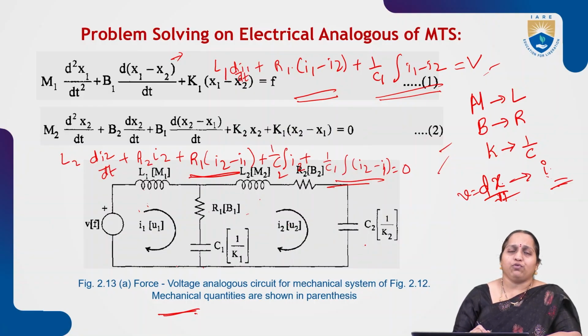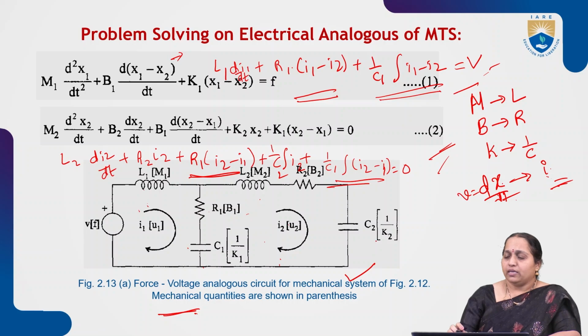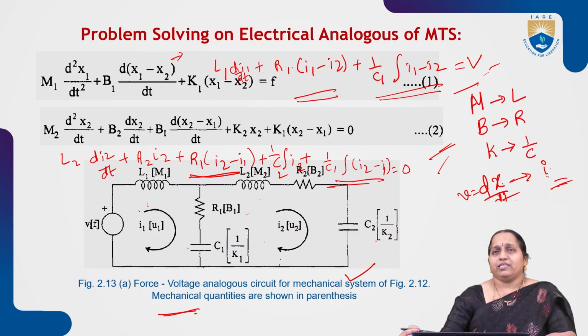Current I1 flows through this loop and current I2 flows through this loop, and both currents I1 and I2 flow through the branch R1 and C1, which is common to both the loops. So from these two equations we draw its electrical equivalent circuit in this form. Mass equivalent is inductor, dashpot equivalent is resistor, and spring equivalent is capacitor.